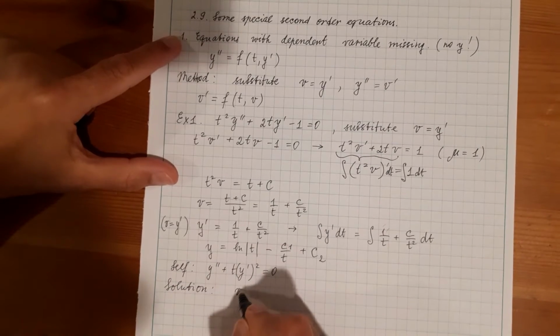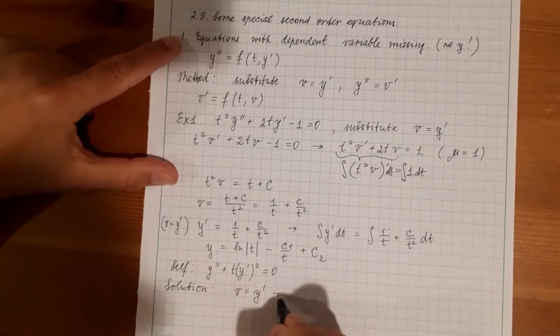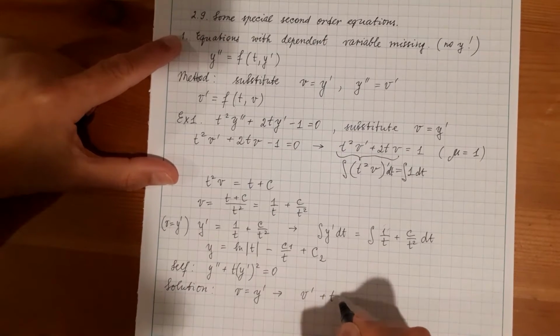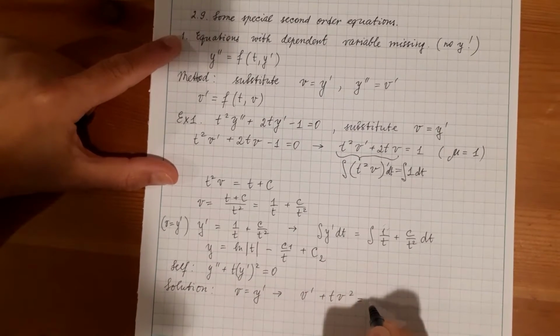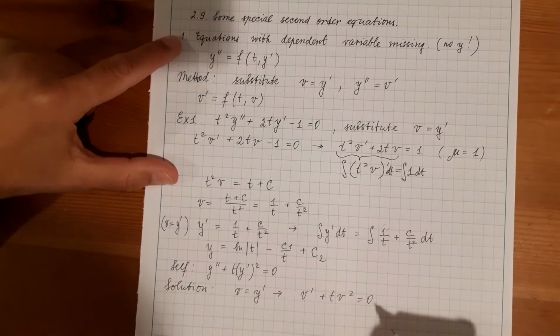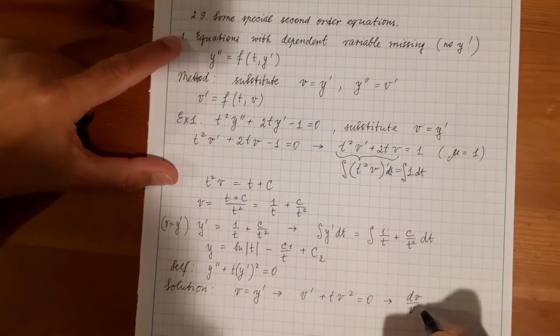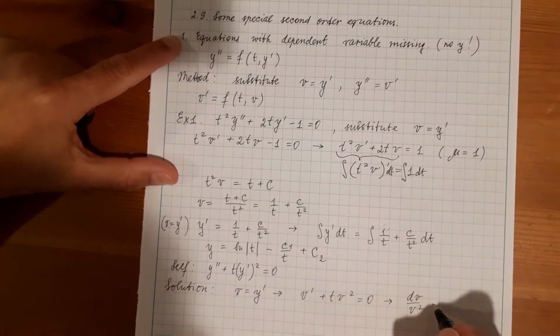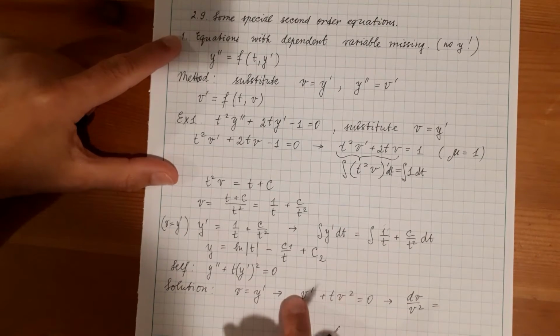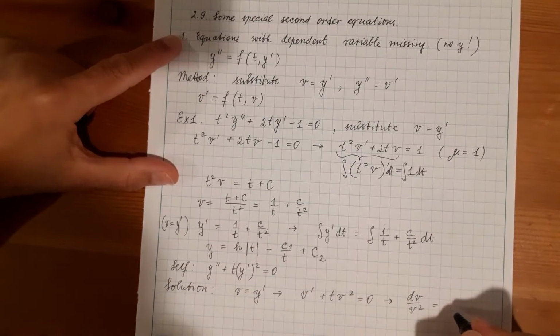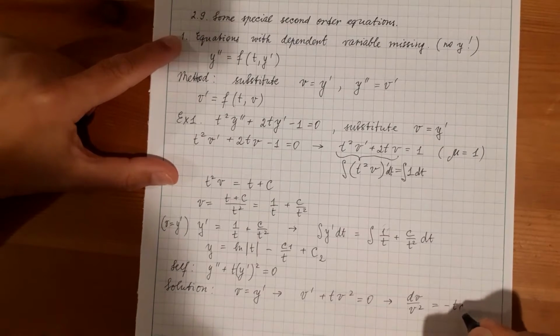Well, as usual, the substitution v equals y prime is going to turn my equation into the first derivative of v plus t v squared equals 0, which is a separable equation, right? I'm going to have dv over v squared. I'm separating the left side and right side, and this one is dv, and on this side, I have minus t dt.